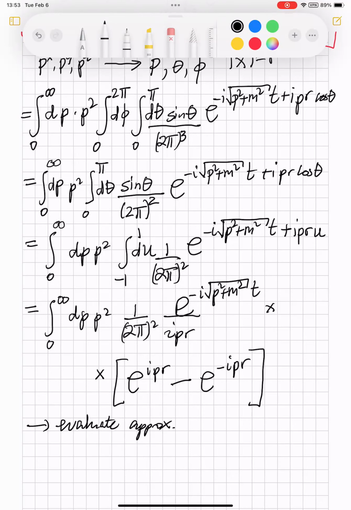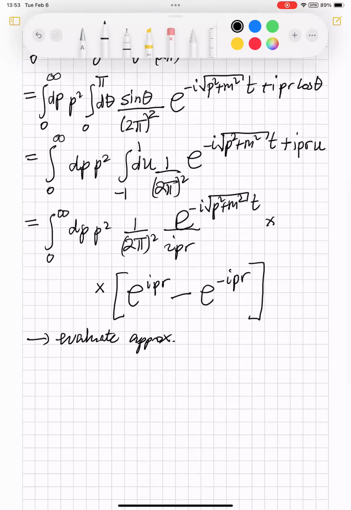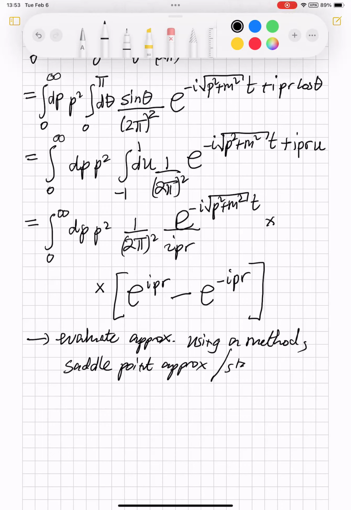And you're going to do that using a method which goes under the name of the saddle point approximation. Sometimes people call it the stationary phase approximation.